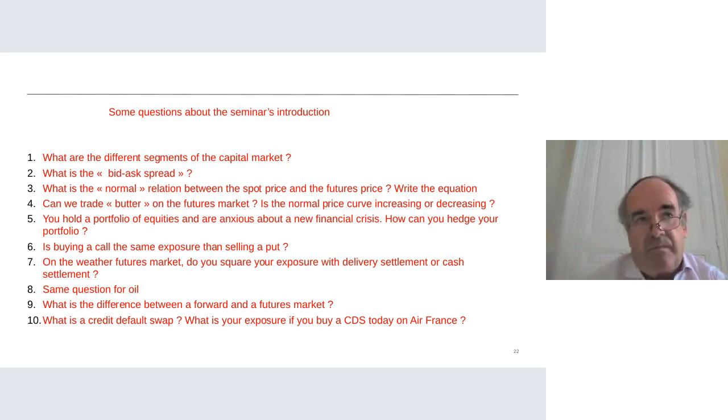That is, you don't have any bond, but you buy a CDS. What is your exposure? What do you do if you buy CDS on a bond you don't hold?